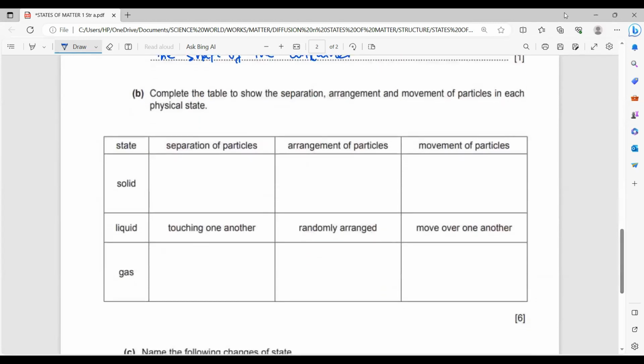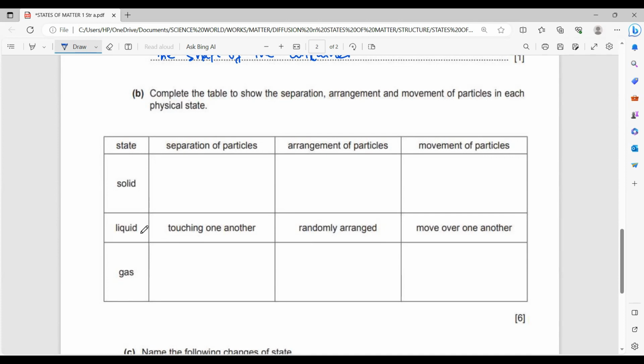The B part says complete the table to show the separation, arrangement, and movement of particles in each physical state. The first thing I wish to say about this kind of question is that they will give you a guide, so you have to follow the guide.